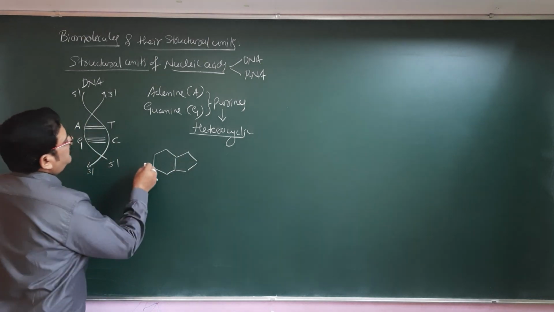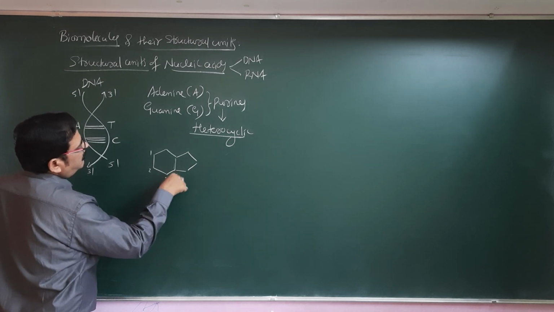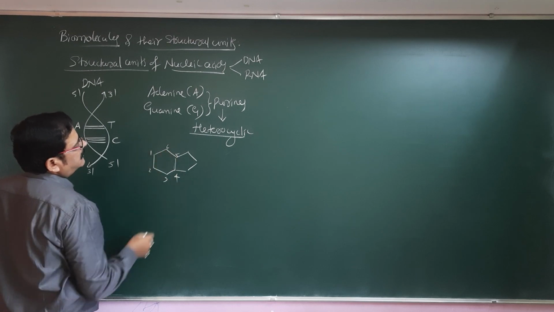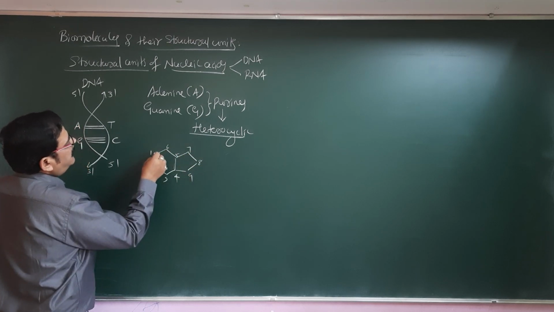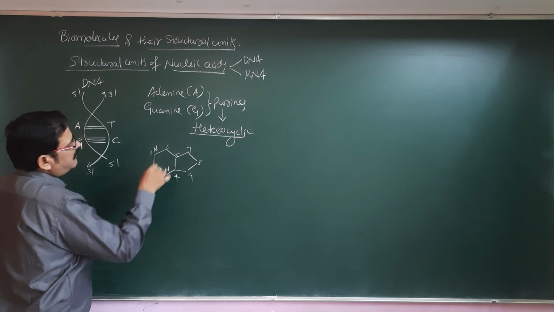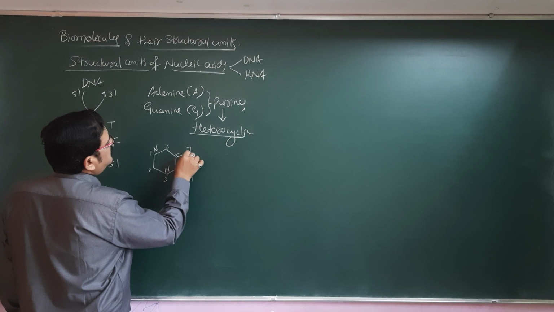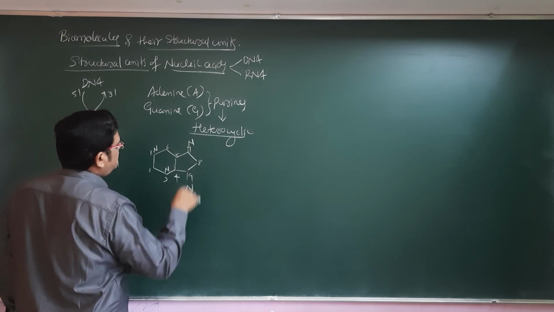The positions are 1, 2, 3, 4, 5 and 6, then 7, 8 as well as 9. At the first position they have nitrogen, at the third position nitrogen, at the seventh position also nitrogen, and the ninth position also nitrogen.